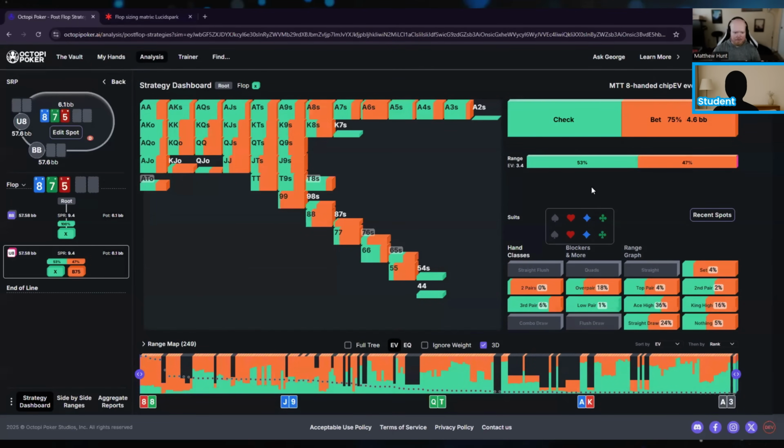Obviously the way that we construct this range is going to be the next step on this chart, because we have to make sure that our range is constructed in a way that has the right types of hands in it, the right types of bluffs, and so on. But as a starting point for what our bet size would look like, this is leading us very much in the right direction.